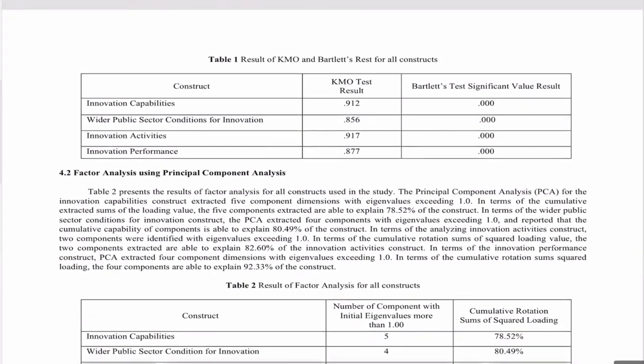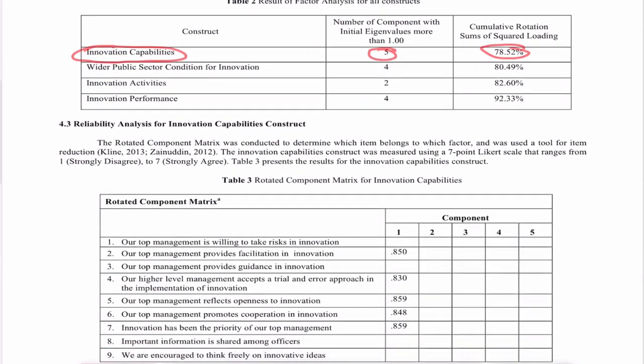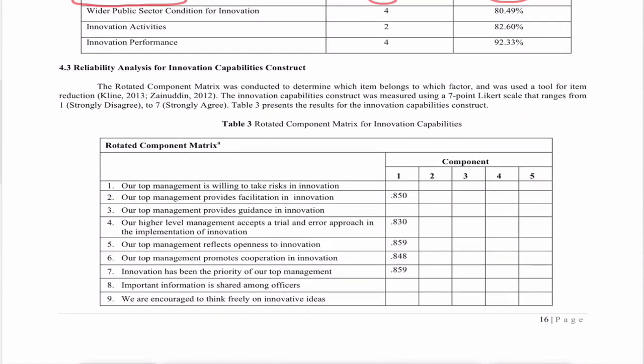Then what we're looking at is innovation capabilities. So we look at innovation capabilities, and these 5 constructs here, the cumulative percentage of variance for these 5 constructs is 78.5%, which is well above 60%. Okay, then the next thing we're looking for is the rotated factor loadings. That will show us how the statements or items loaded onto the factors or constructs.